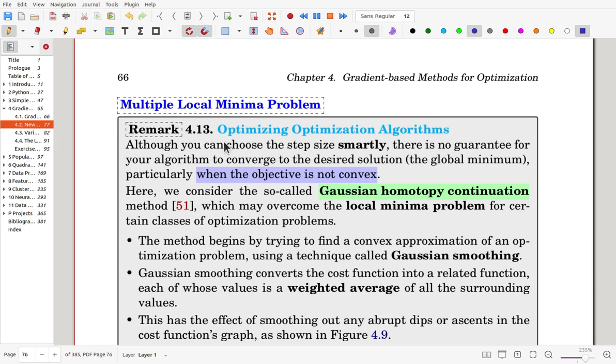Then you can get various results. And if you do it many times, you can compare the results to get the best one. With that strategy, in many cases, you can overcome the multiple local minima problem.